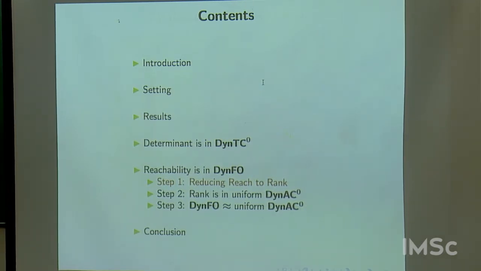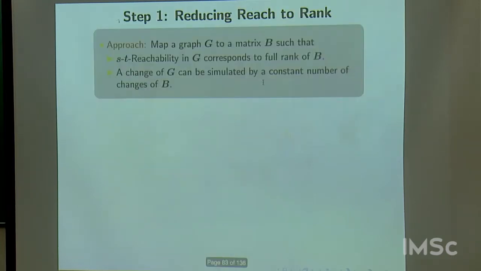So the first step, reducing reachability to rank. This is quite simple. The approach is to map a graph G to a matrix B such that s-t reachability in G corresponds to computing the rank of B. When the rank of B is full, then T is reachable from S, and otherwise not.